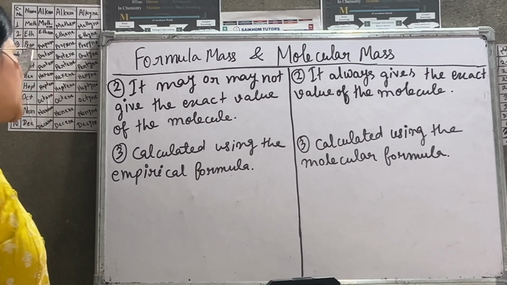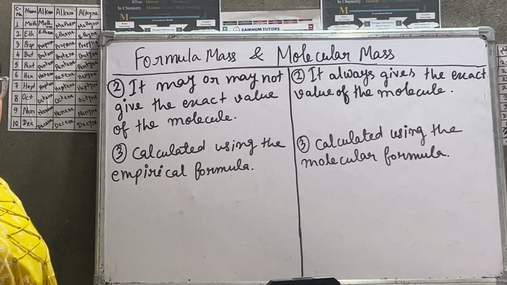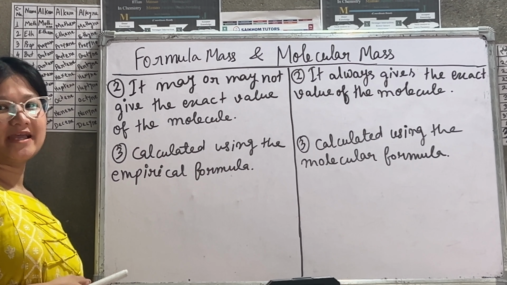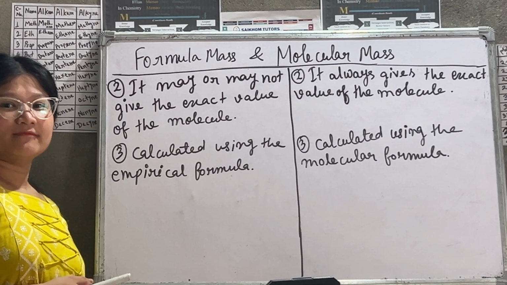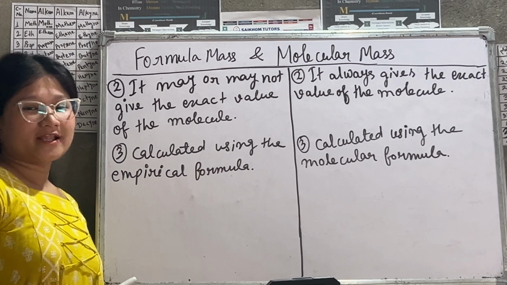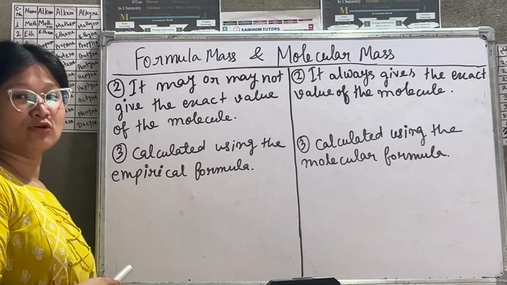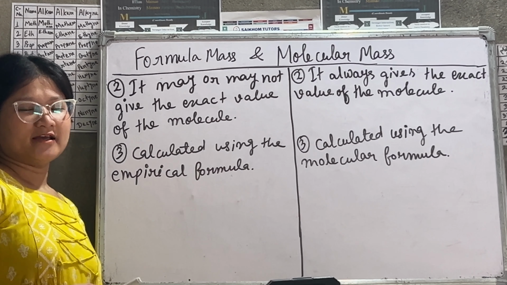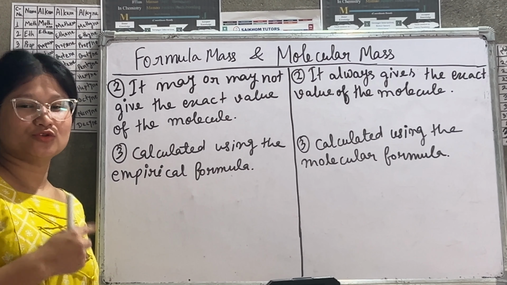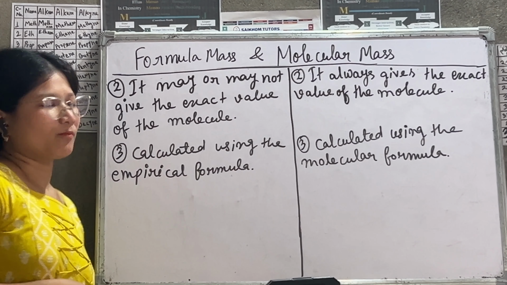The second point is that formula mass may or may not give the exact value of the molecule, because you have to convert it into the simplest unit. But the molecular formula always gives the exact value of the molecule, because the exact value is there in the molecule. No need to convert it into the simplest form.